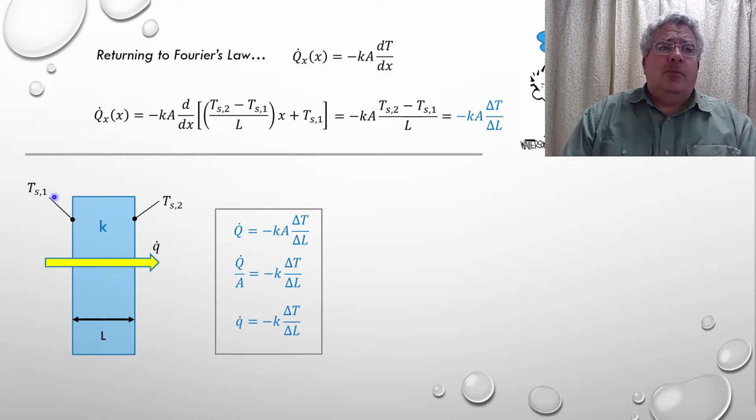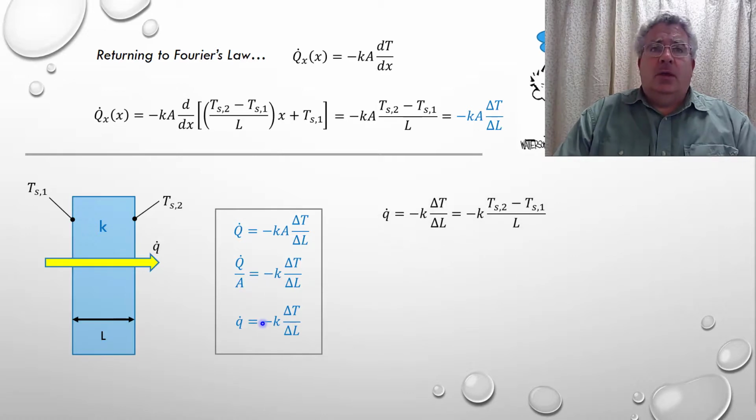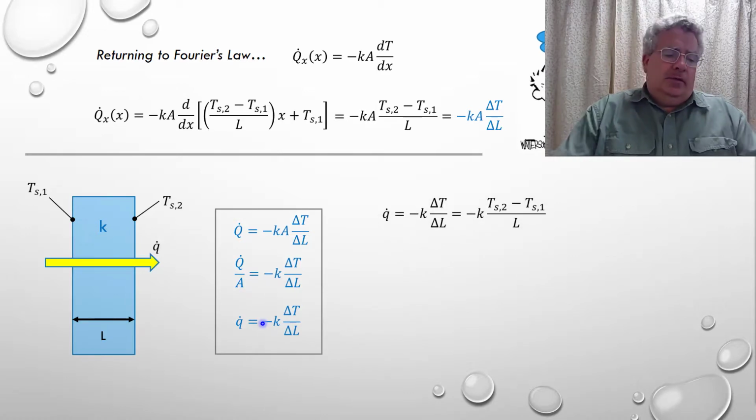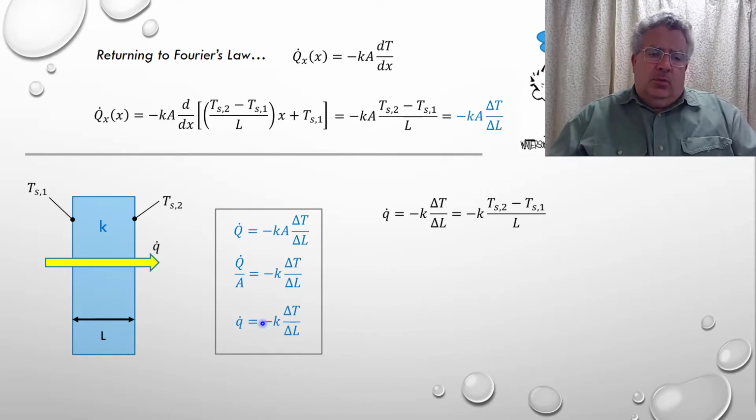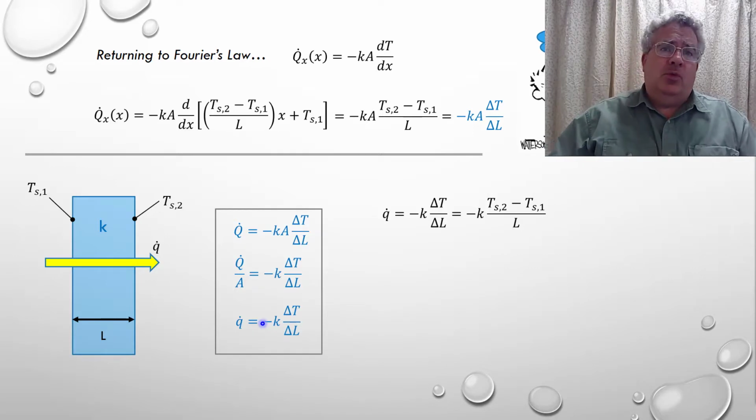Just summarizing, for the particular solution where the surfaces are kept at individual temperatures, the heat rate is equal to minus kA delta T over delta L. We can then write this as a heat flux, using the notation little q-dot equal to minus k delta T over delta L. Where we're headed now is to start looking at different ways of solving these problems, essentially for a plane wall and a composite plane wall.